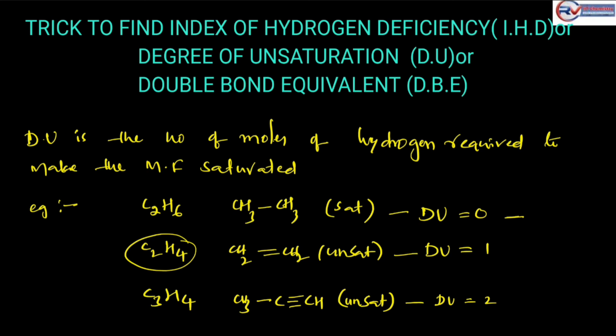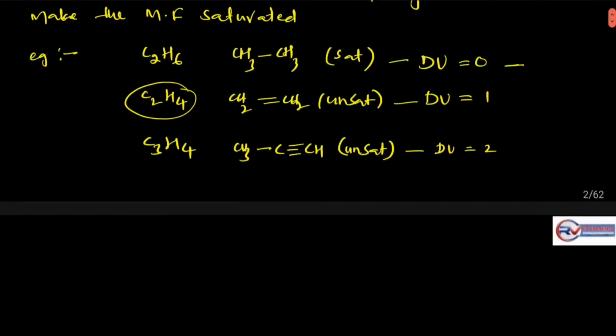Let us discuss the possible structures of the compound if DU equal to 0, 1, or 2. If DU equal to 0, the compound is acyclic, saturated.